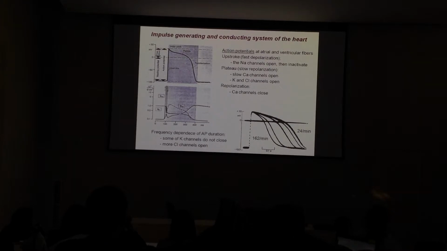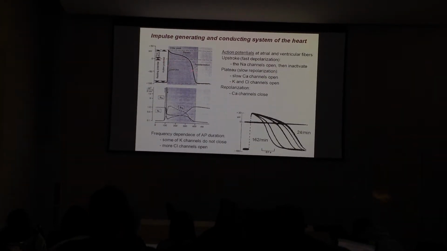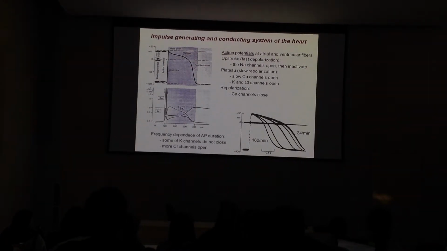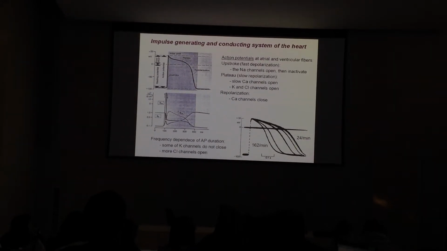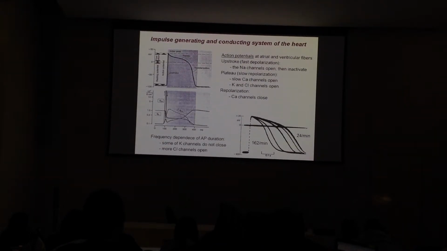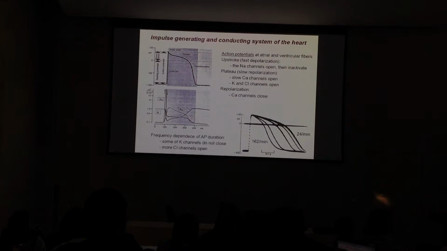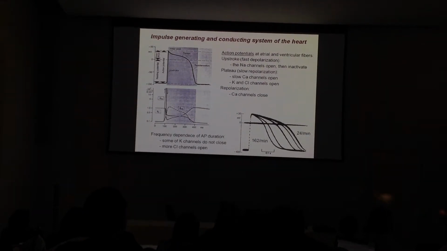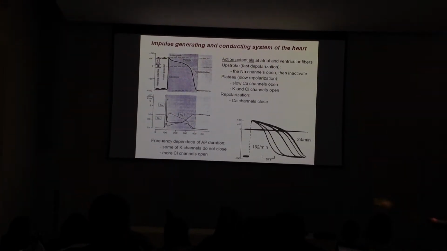But here, in the heart, cardiac membrane, there is a long-lasting action potential. Long-lasting means that it lasts for several hundred milliseconds. And this long-lasting duration is the explanation, partially, for why the heart rate is only 60, 70, because this is very, very long.